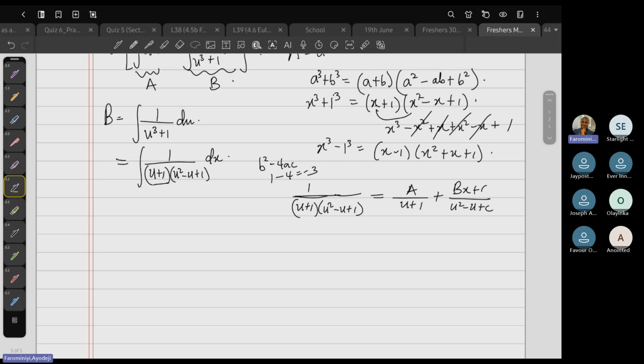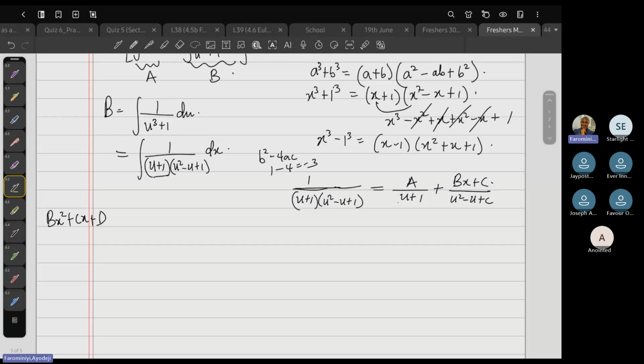If you have a cubic non-linear factor, on top of it, you put a quadratic expression, and so on and so forth. So just like when we had linear, we put a constant on it. But when we have a quadratic factor, we'll put a linear expression on it.